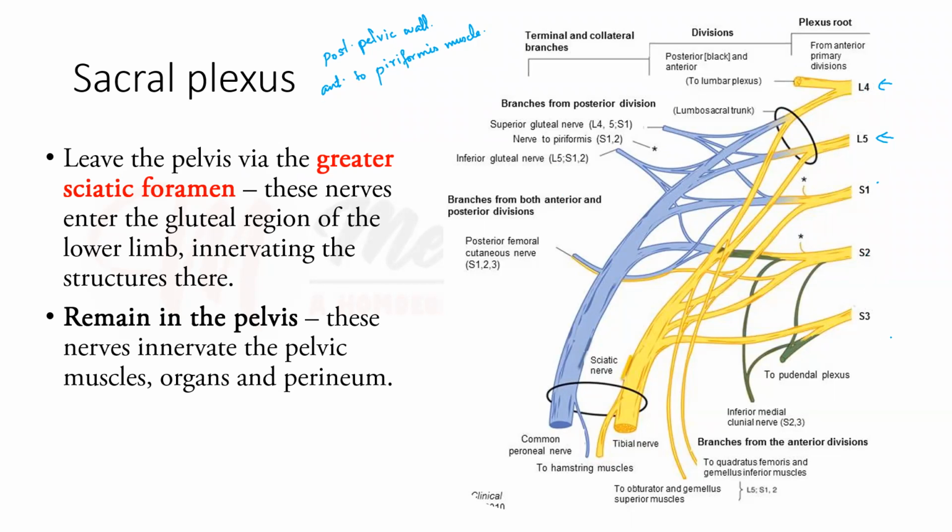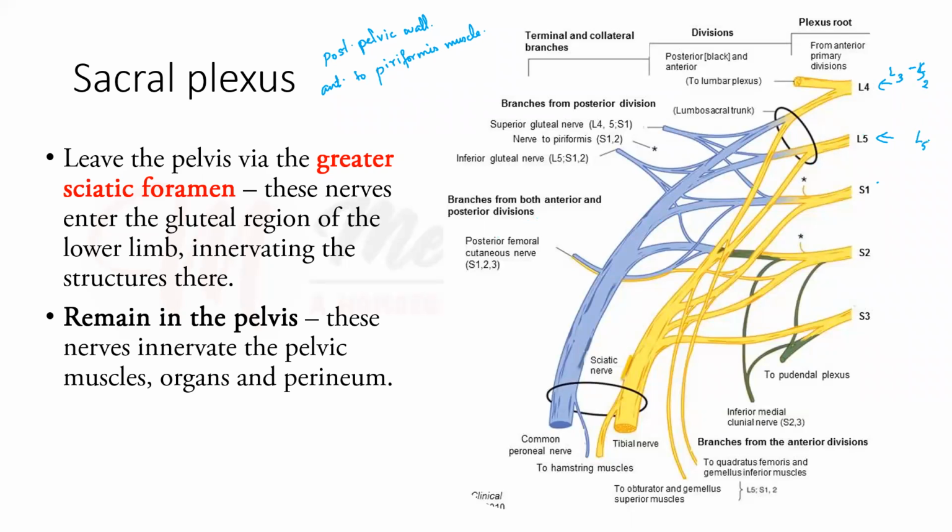Sometimes the nerve roots are formed from a higher portion. That is, it can come from L3 to S2. That is called the high form of sacral plexus. Now, the lower form is from a level below.